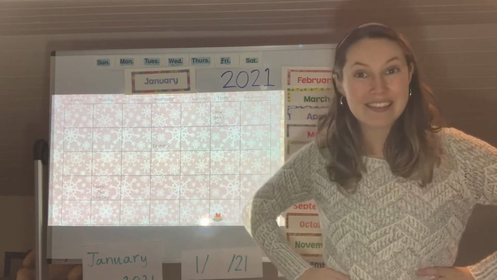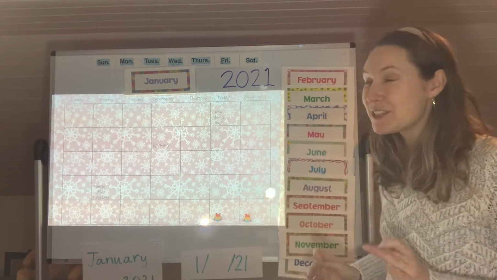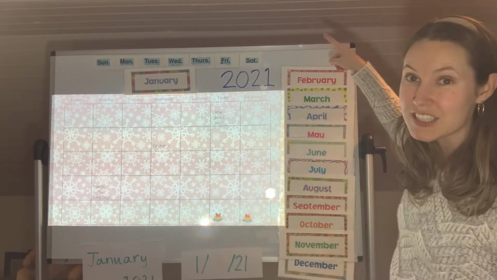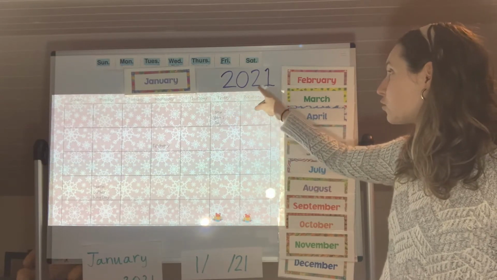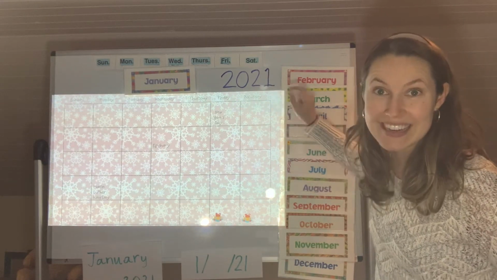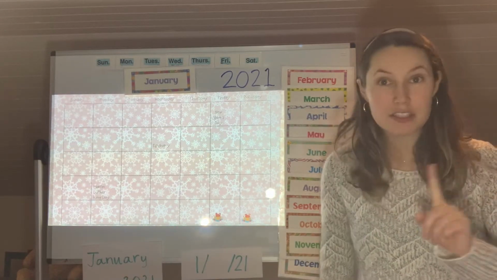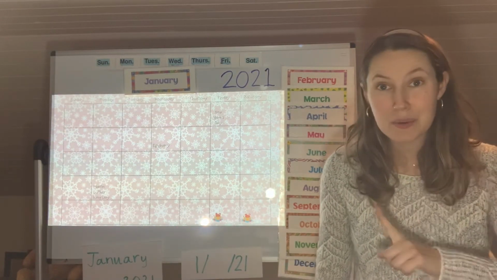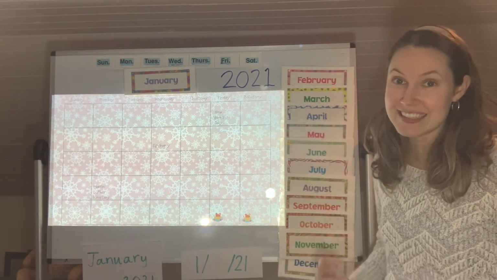These are the months of the year. We already went through all of those months in 2020. We're back to the start. Back to January, and we are in a new year, 2021. So we're not saying 2020 anymore. 2021. That is the new year.